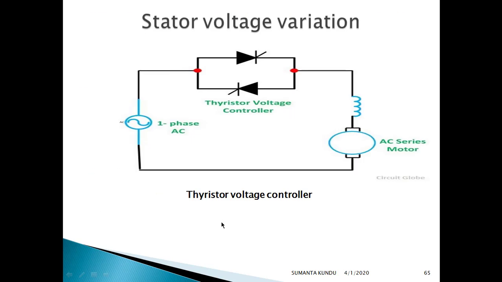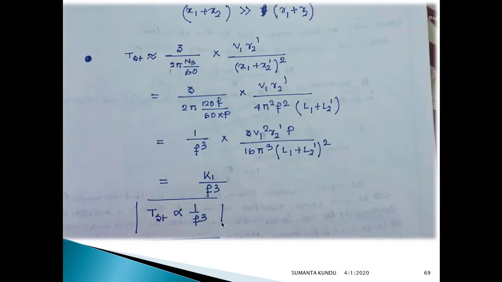So as this is much greater than the resistances, we have neglected the resistance term in the denominator, and if we simplify this we get that starting torque is proportional to 1 by f cube.